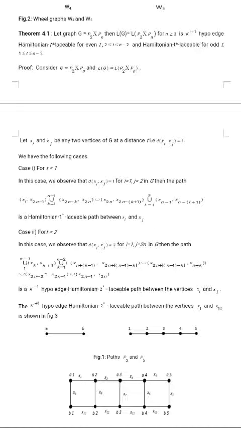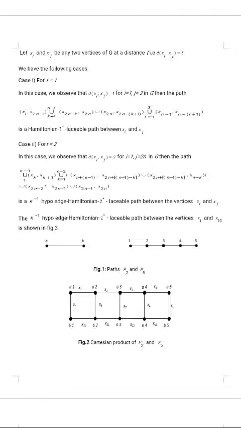Similarly, you can see for case 2, for t equal to 2, in the line graph of P2 cross Pn, you identify 2 vertices such that their distance is 2. Then we can construct a Hamiltonian 2 star laceable path between those 2 vertices by using this generalized path.